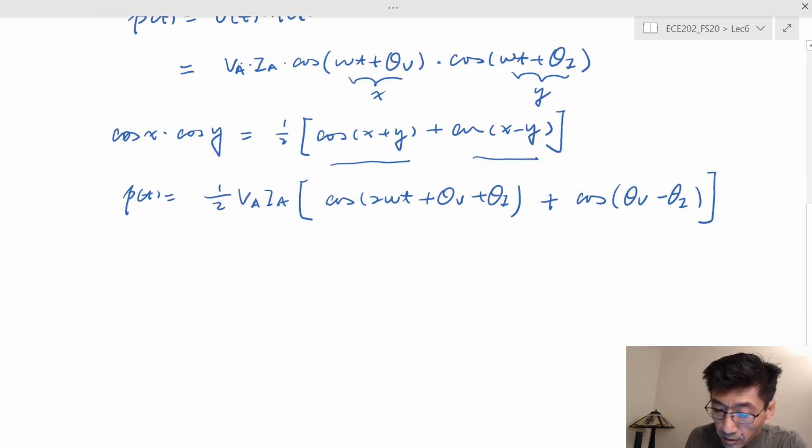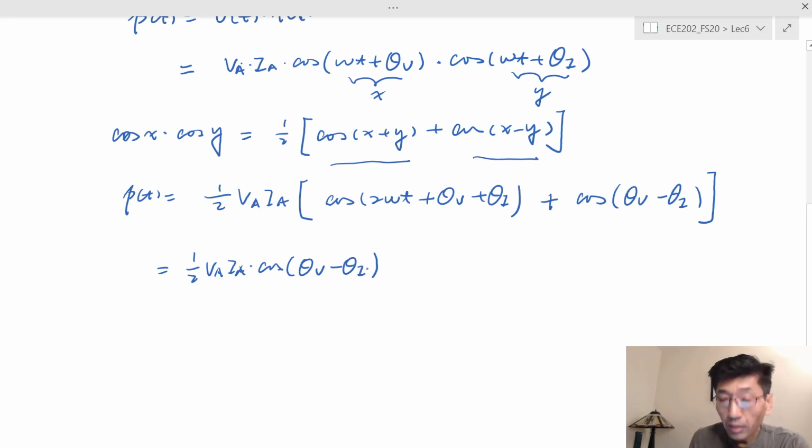So you see we will have two terms, right? We will have half V sub A I sub A times cosine theta V minus theta I. Since theta V and theta I are constants, this is going to be a DC term.